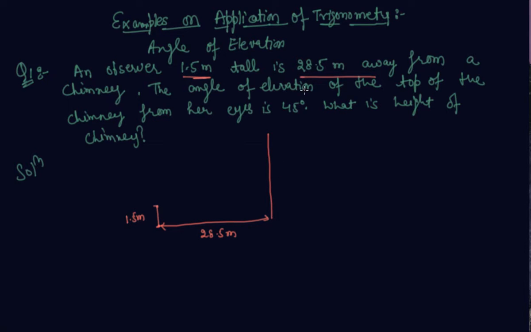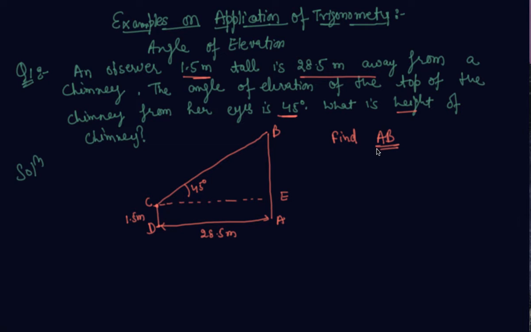Okay, and the angle of elevation of the top of the chimney from her eyes is 45 degree. So let us assume this is the top of the person, and from here the angle of elevation comes out to be 45 degree. The question asks what is the height of the chimney. Let me label this AB, this is CD, and this point is E. So we have to find AB, the height of the chimney.